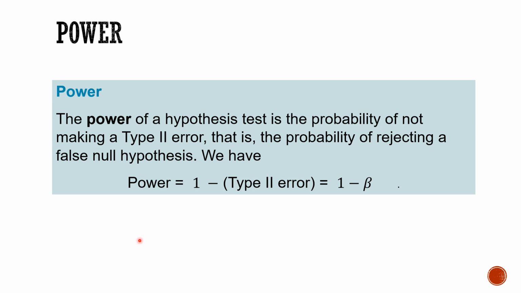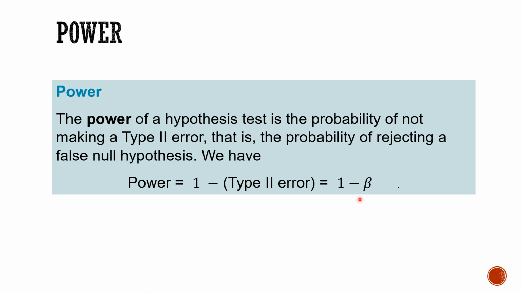So the power of a hypothesis test is the probability of not making a type 2 error, that is the probability of rejecting a false null hypothesis. The formula for it is power equals 1 minus the probability of a type 2 error, and the probability of type 2 error is denoted by the symbol beta. So in other words, it's 1 minus beta.